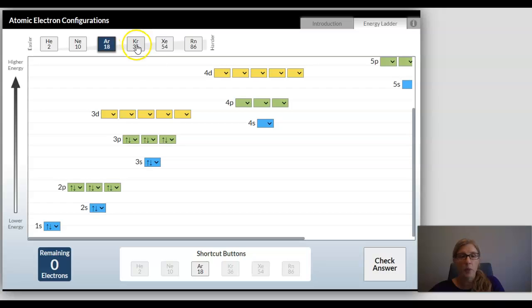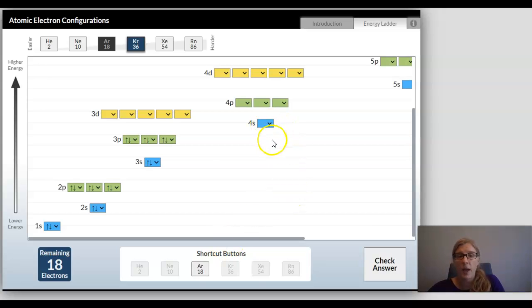So if I was then going to move on to krypton, which has 36 electrons, I can use that argon as a shortcut to fill in the first 18 electrons, because the first 18 electrons of krypton are going to be in the exact same places as the 18 electrons of argon.